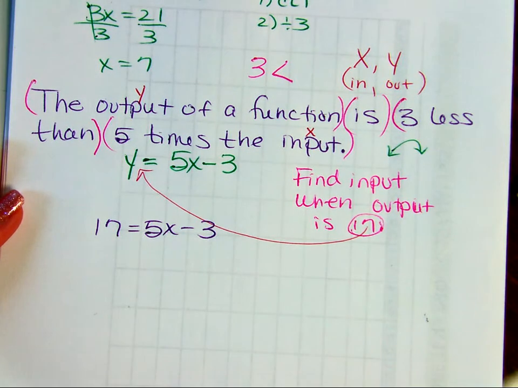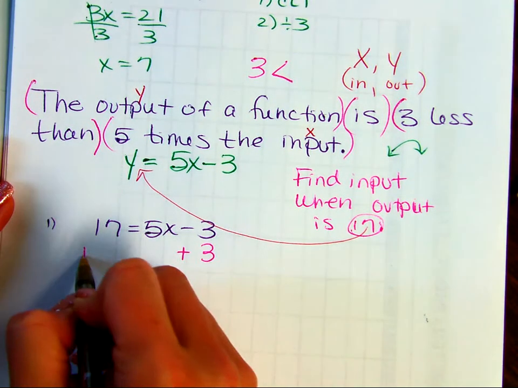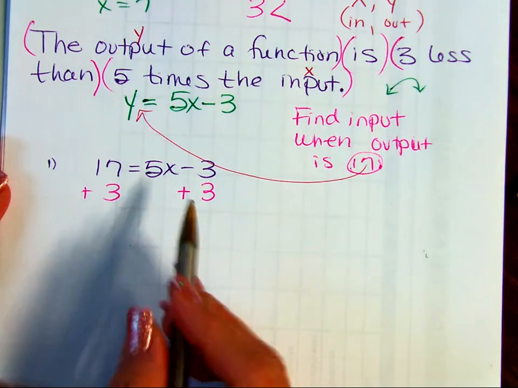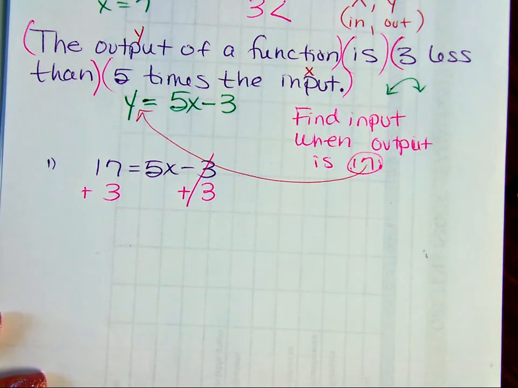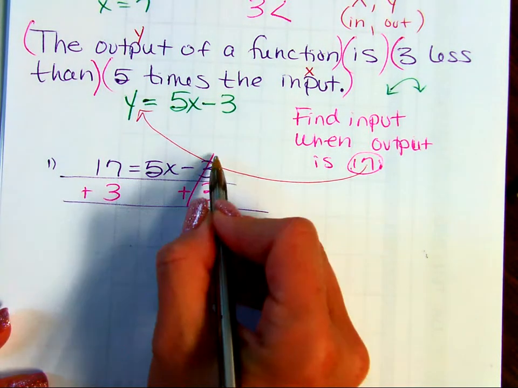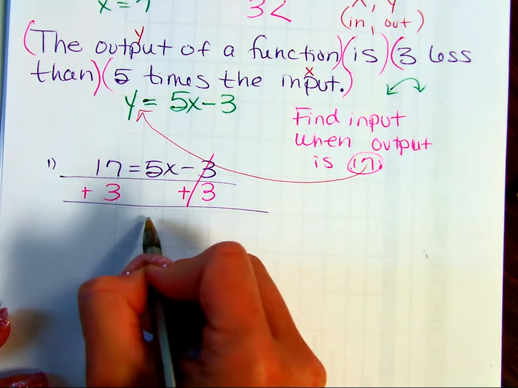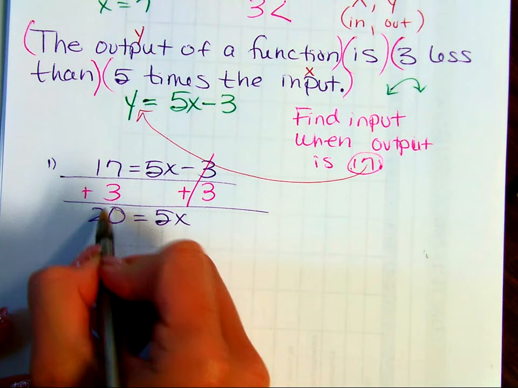So if this was a problem on our homework that we are about to do, I would A, copy the problem. B, I would do my first step. Keep that equation, that balance, that scale. Cancel it out here. What comes on your next line? Whatever results from canceling out that negative 3. What's left? That. What's left here?